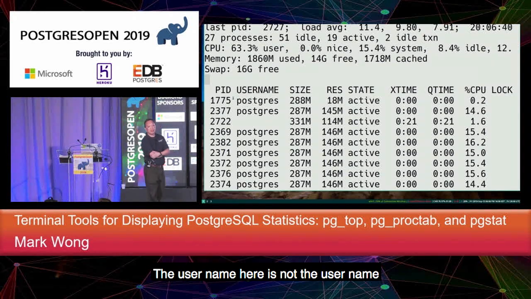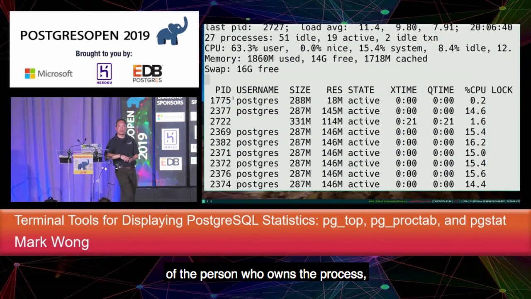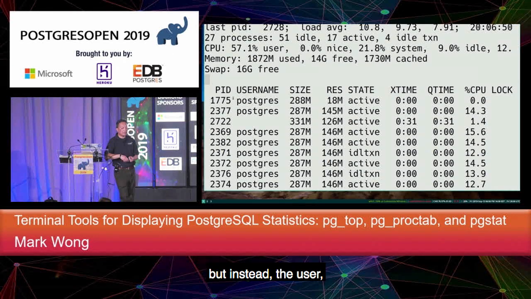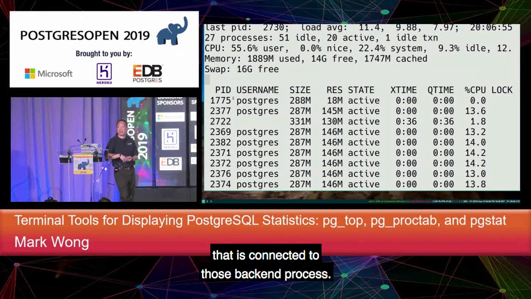The username here is not the username of the person who owns the process, as you would expect from an operating system point of view, but instead the name of the database role that is connected to this backend process.